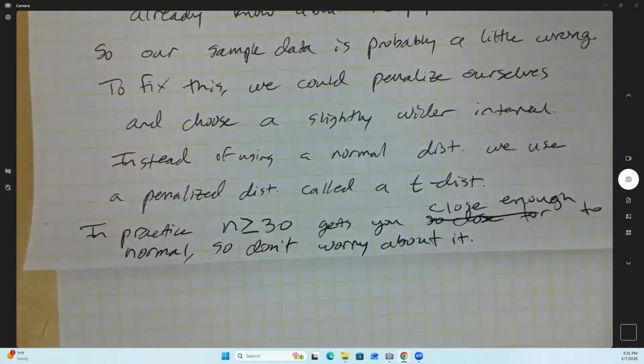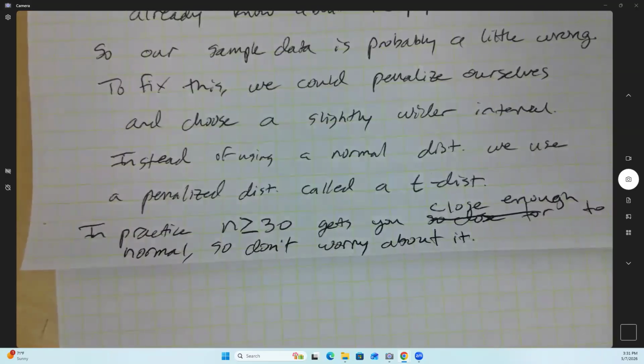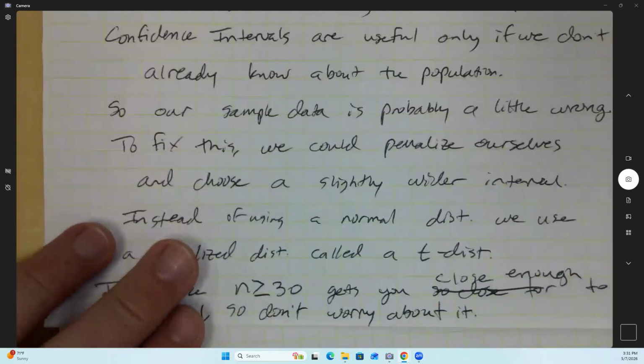If you don't have 30 observations, you have two choices. One is collect more data, or two is use something different instead of this process. And if you take 244 with me, you'll see what that different process is. It uses simulation. So I did want to put that out there.